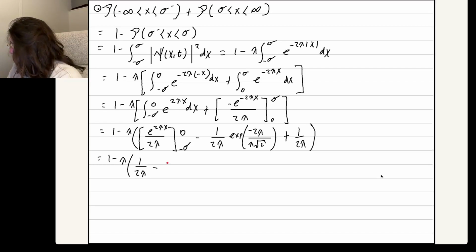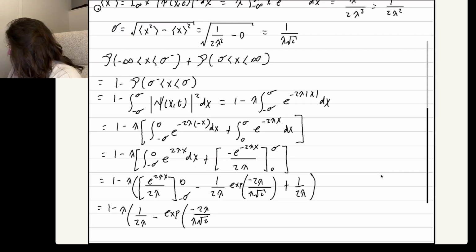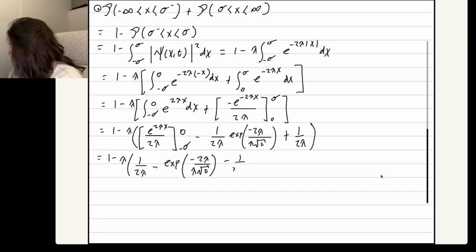And we have e to the minus 2 lambda over lambda root 2. Cool. And then we still have this term, which also has to be divided by 1 over 2 lambda. Almost missed that.